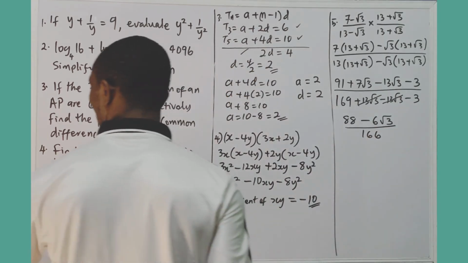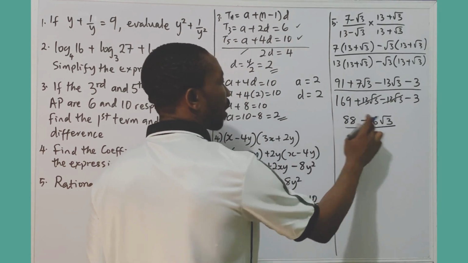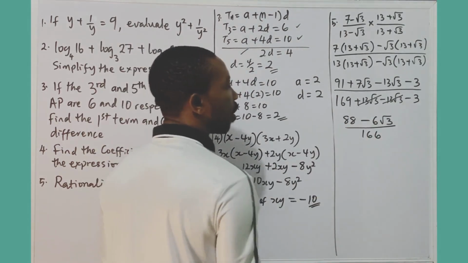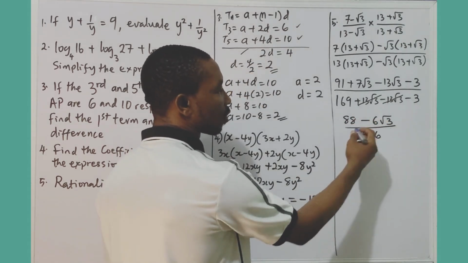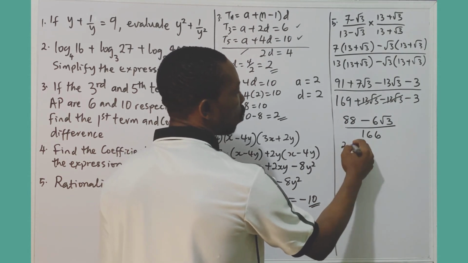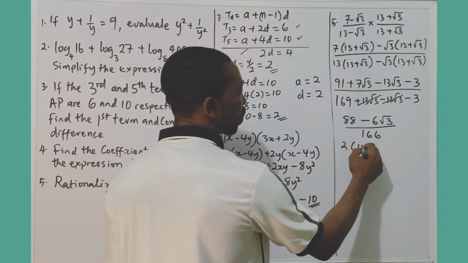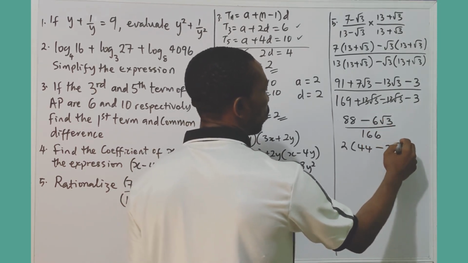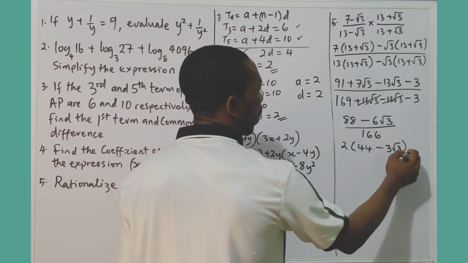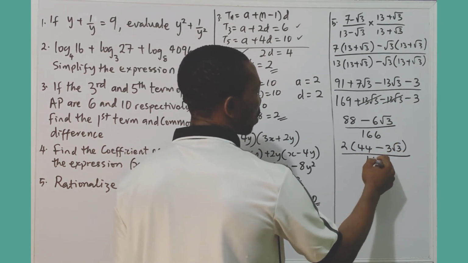Okay, so from here we can factorize our question on top. Our numerator, 2 is a common factor to both of them, so we bring out 2 bracket 2 into 88 will give us 44 minus 2 into 6 will give us 3 root 3. Alright, all over 166.